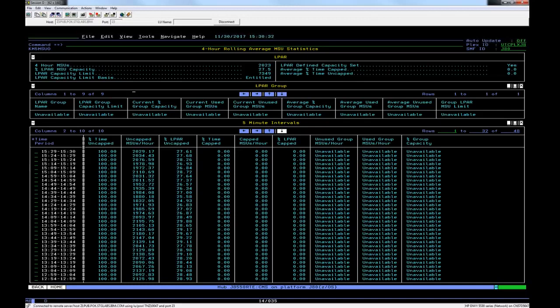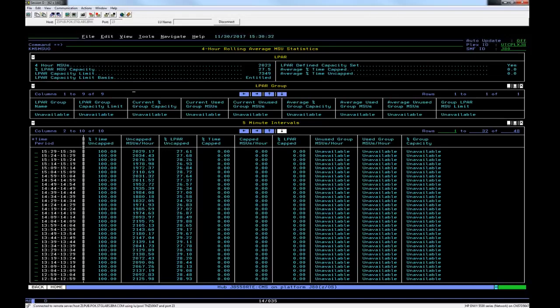And basically, if an ElPro group capacity has been reached or exceeded, the unused group MSUs per hour goes to 0 or negative, and that's when ElPros start getting capped, and you start seeing percentage time capped and capped MSUs per hour and percentage ElPro capped statistics appearing.